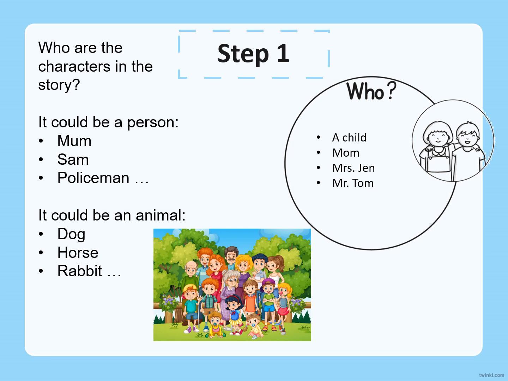In the text we're working on today, though, we have 4 characters. The main character is the child, the person who's shoveling all the snow, clearing the driveways. There is Mum, there is Mrs. Jen, and Mr. Tom. So those are the characters that we're going to remember when we need to write our summary later, because those are some of the key points in the story.